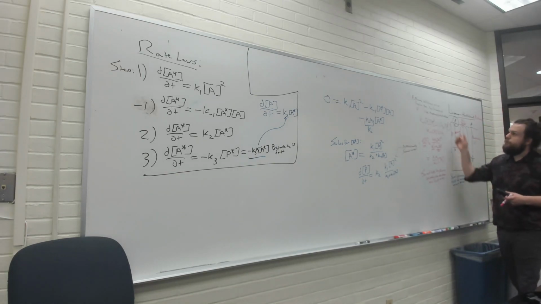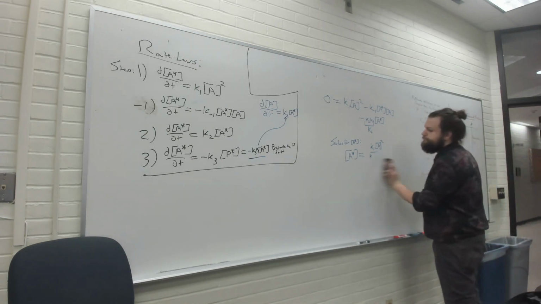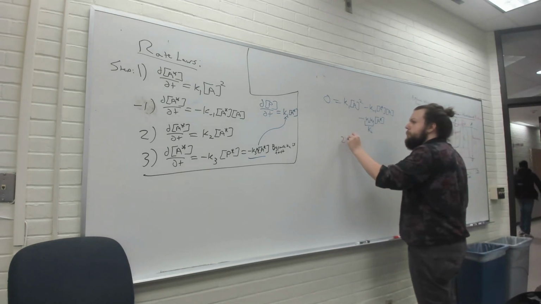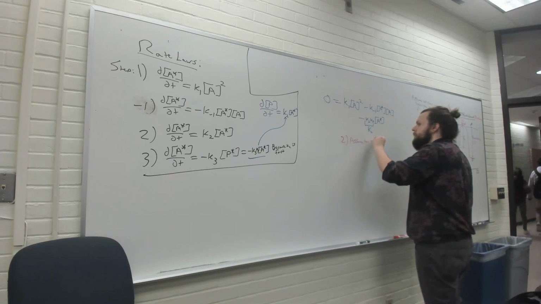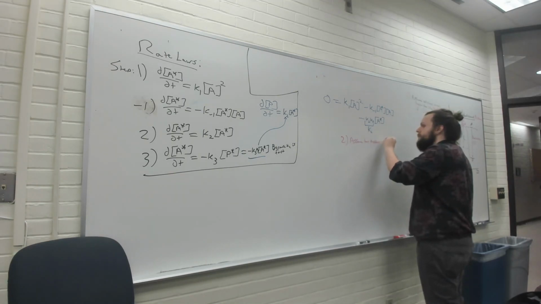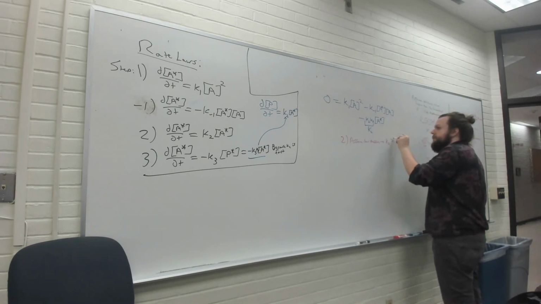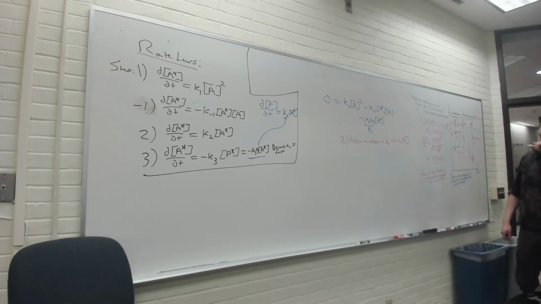However, what if we assume the opposite? What if we assume low pressure, which means that k_2 is much faster than k_-1 A. So the collisions are really slow, and the reaction relatively is fast.